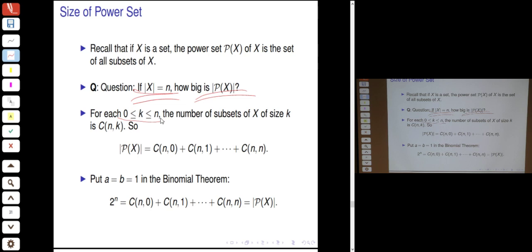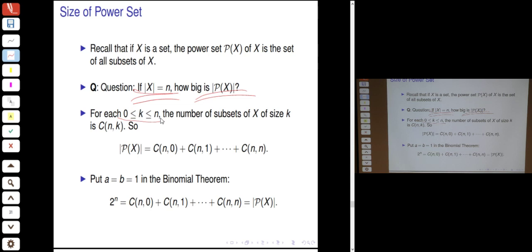Okay? But now we are in good shape and familiar territory. Why? Because we know that if you have a set of size n and you want to pick k objects out of those, then the number of ways you can do that is n choose k. So the total number of subsets of size k taken from a set of size n is n choose k.